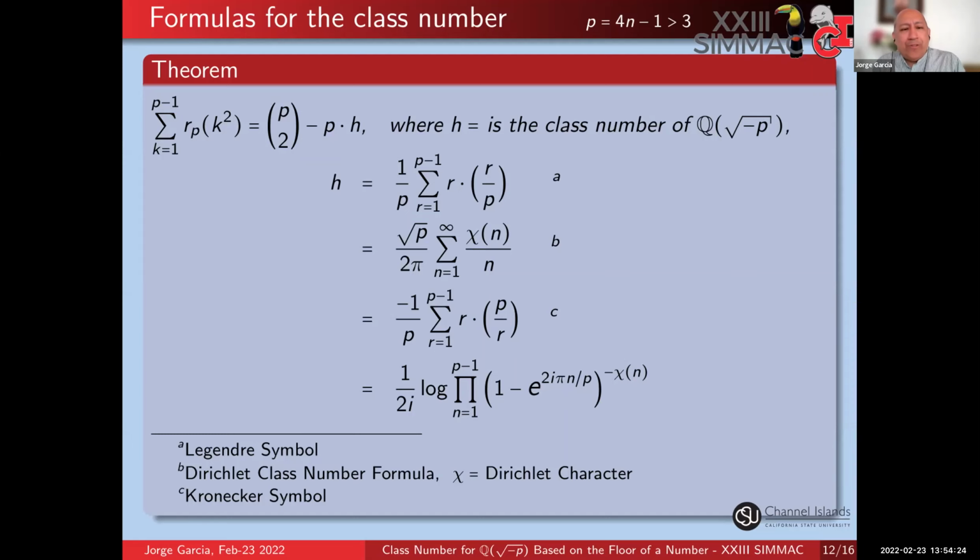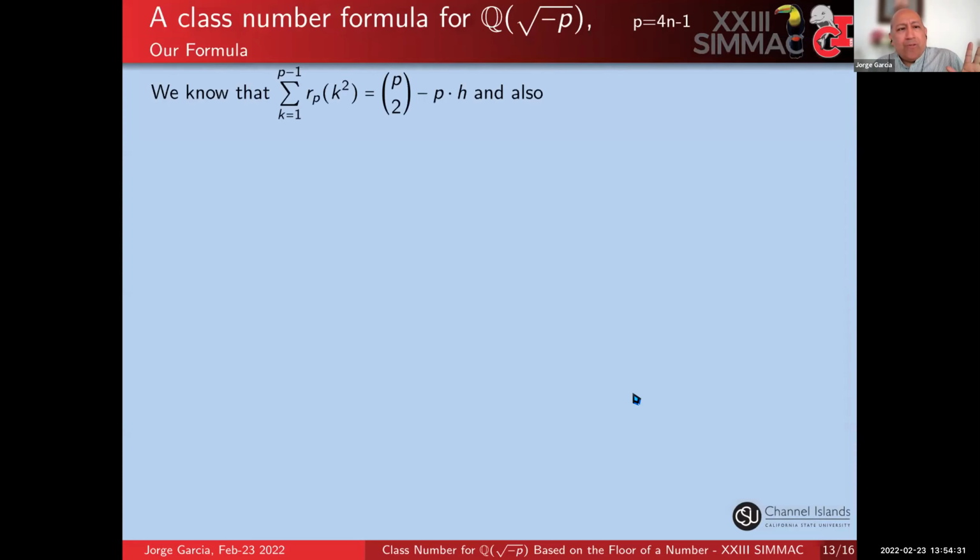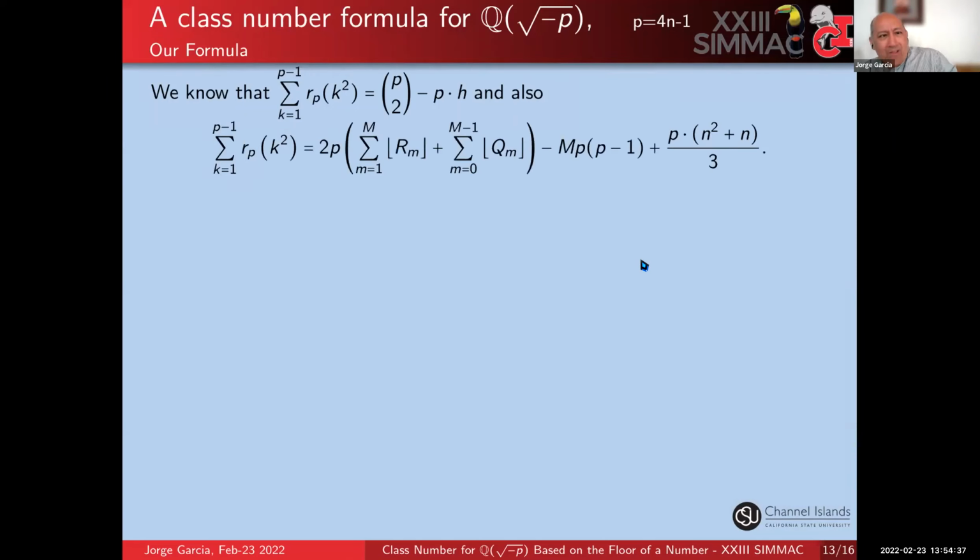So let's go ahead and put all the things together. On one hand, we know that the sum of the quadratic residues is given by the previous term. But on the other hand, we have this beautiful formula that we got from the observed pattern. You remember the colors, the beautiful pattern? We got that formula, and let's set them equal to each other and solve for h.